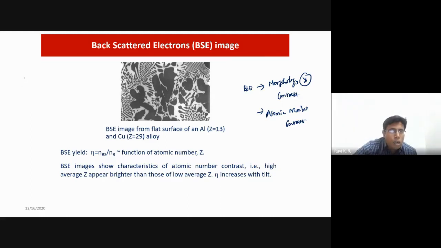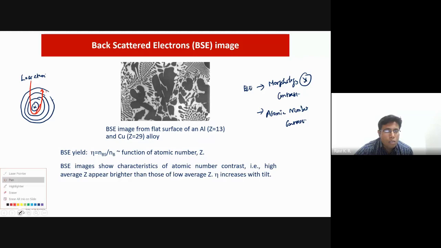Let's say you take one low atomic number atom. This is your nucleus, and this is your incident beam, which just goes like this. Another one is a higher atomic number atom.